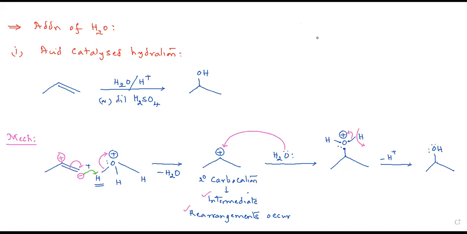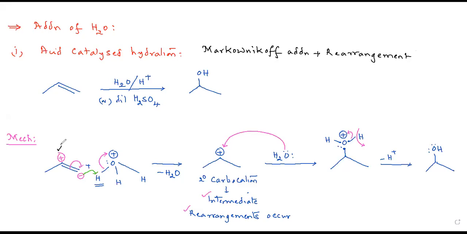Finally, I would like to say just one point. In acid catalyzed hydration, consider these two things: Markovnikov addition, along with that rearrangement. Markovnikov addition is nothing but regio, direction specific.